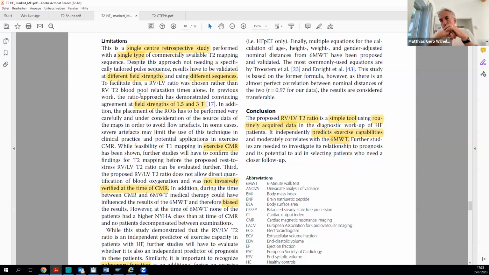And that is something I always advocated for during the study, to use the four-chamber view, because you can more easily identify those artifacts and avoid them than, for example, in a basal short axis slice where you might not be aware that it's actually an artifact.